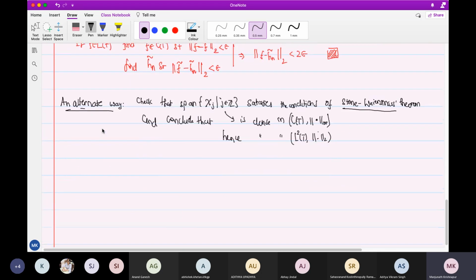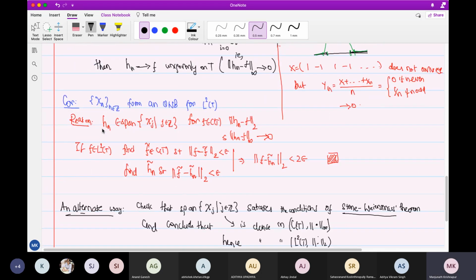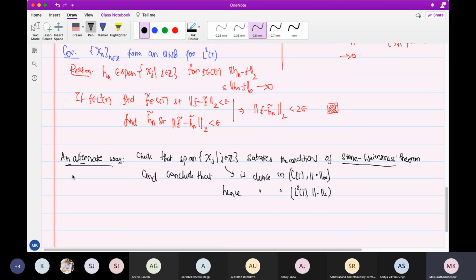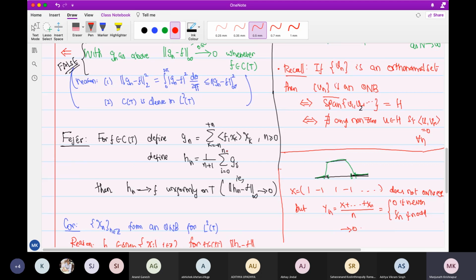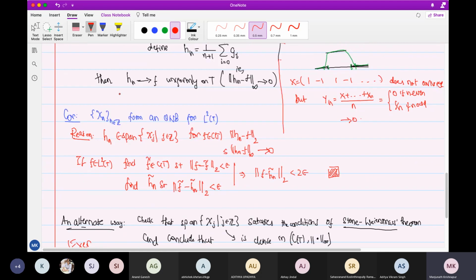Okay. Any questions, comments so far? So I gave this alternate way. You can take this as an exercise. But I am going to prove Fourier's theorem directly. We will prove that if you take Gn as these natural approximates, they are actually best approximates in the L2 sense. But you have to take further averaging to get uniform convergence even when f is in C of t.